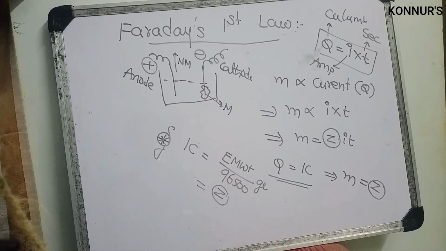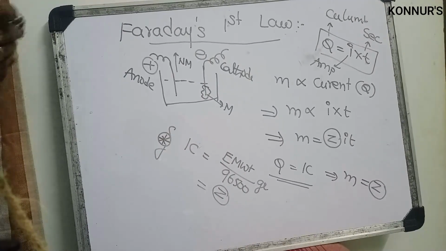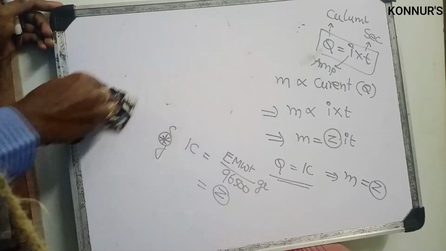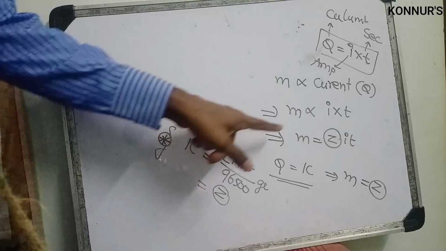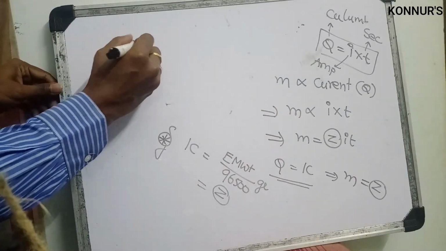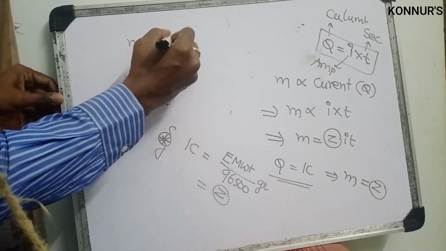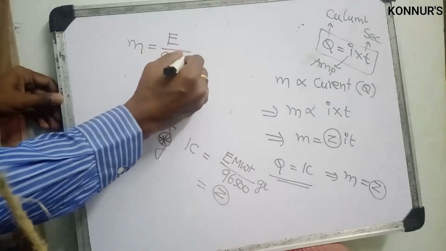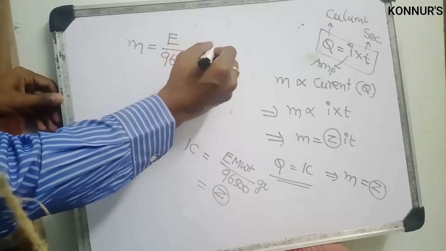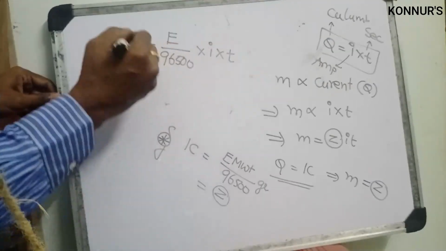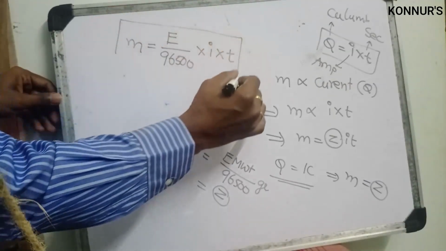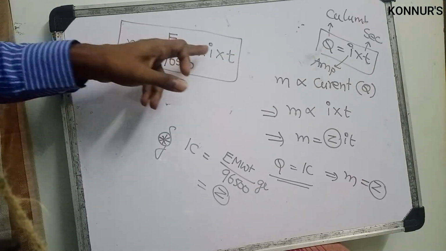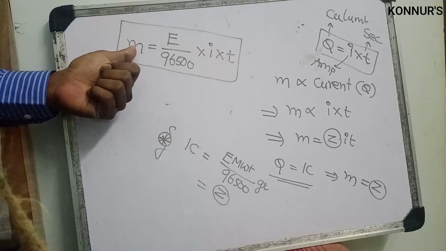So therefore, what is Faraday's law? M equal to Z. Z means what? Equivalent molecular weight by 96500 into I into T. See, in the problem they will give E value, I value, T value, and they can ask the M value.